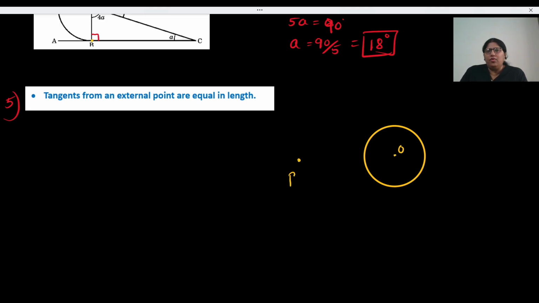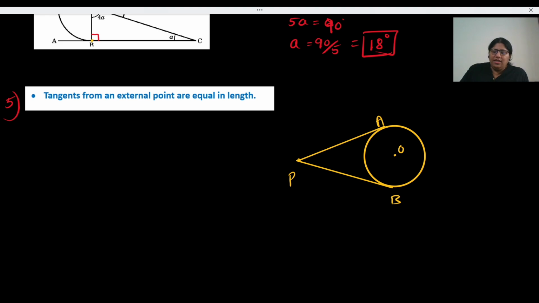If I take a point P, how many tangents can you draw to the circle? There are only two possible tangents. From P, I can draw only two tangents to the circle. It's not possible to draw more than two tangents to the circle.